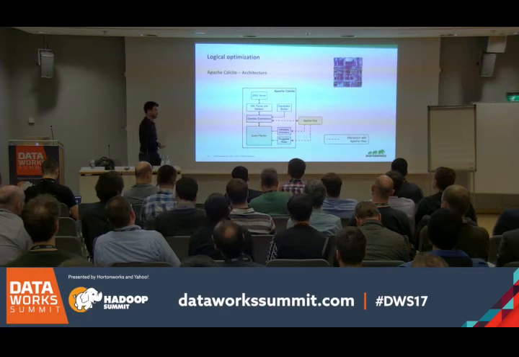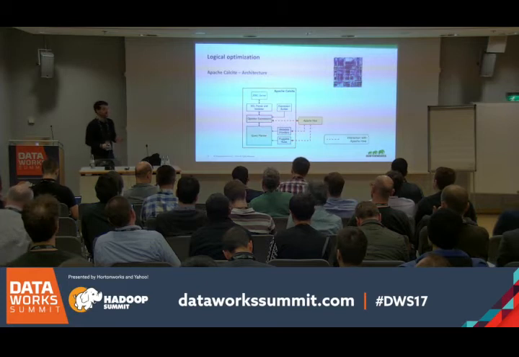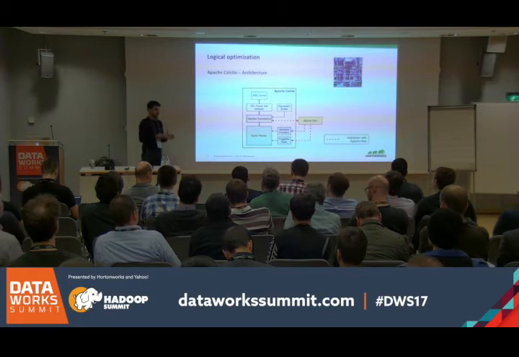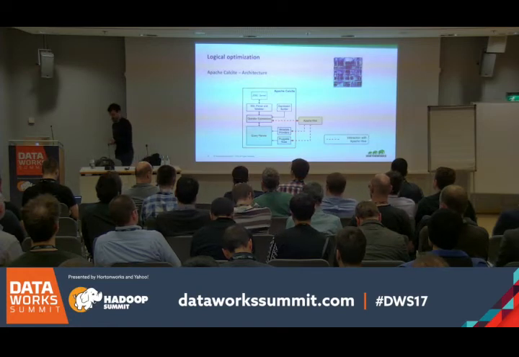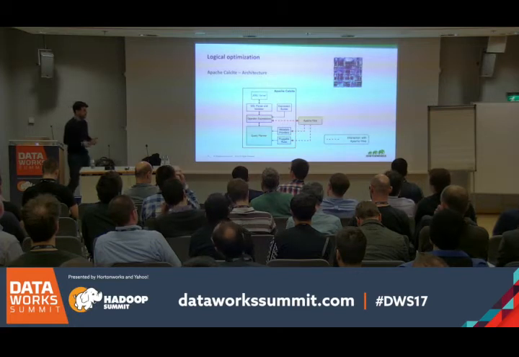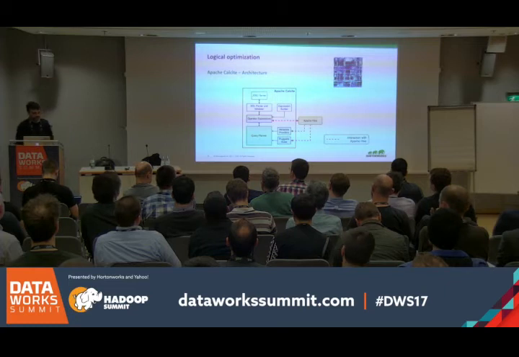We provide our own statistics, and we also have some rules. We use part of the core rules of Calcite, but we have also implemented some rules that are specific for Hive. And then the query planner, of course, will take all this and generate your optimized plan out of it. So the output is an optimized relational expression.